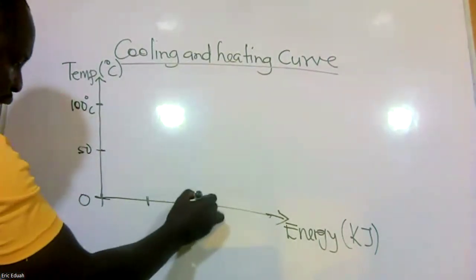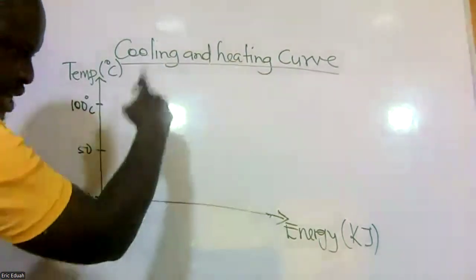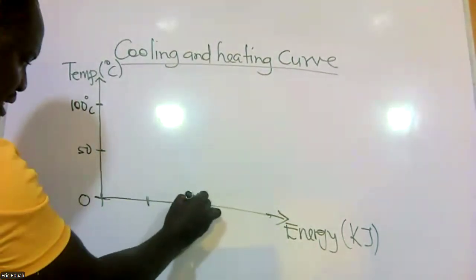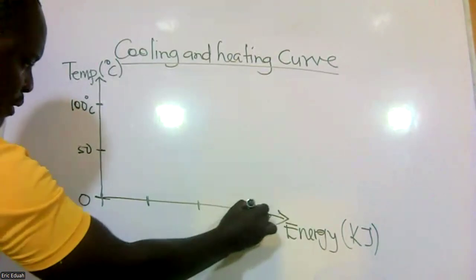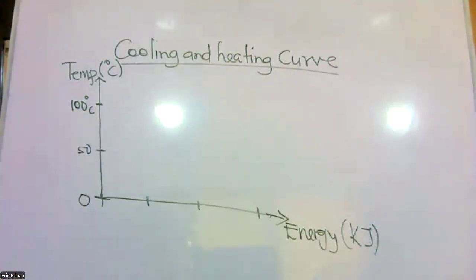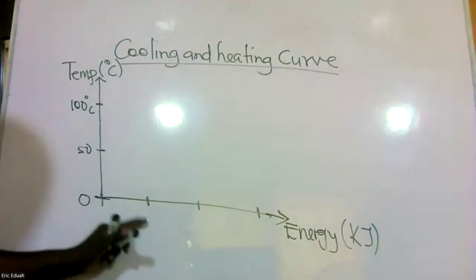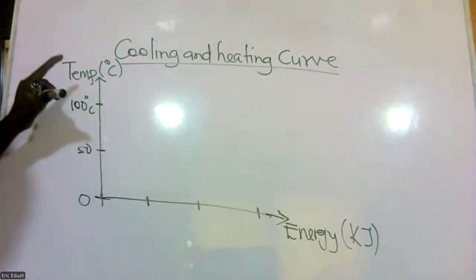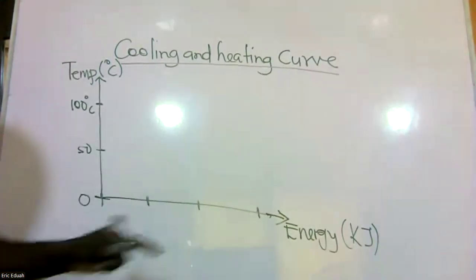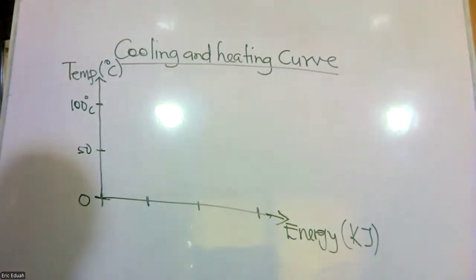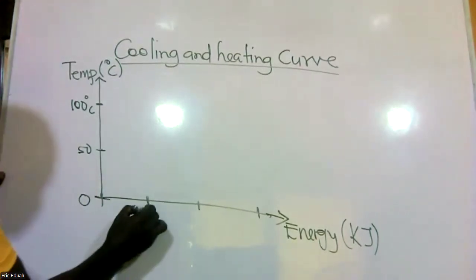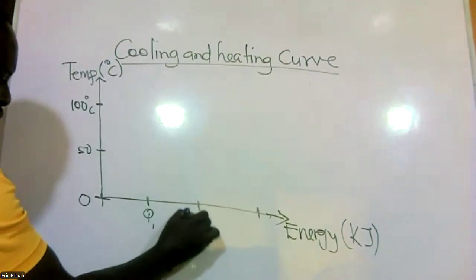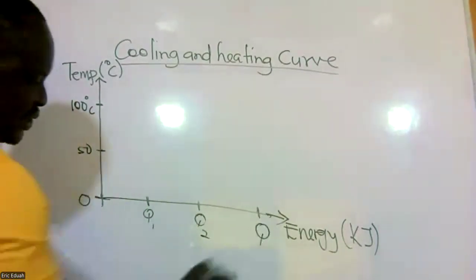So it can be 3, 4 stages. The first one was 3 stages. The second one was 4. So all that we are doing is plotting a graph of temperature on the vertical against the energy on the horizontal. So this can be Q1, Q2, Q3.